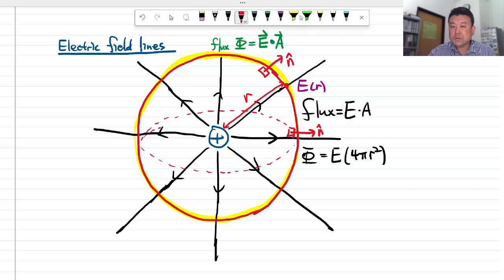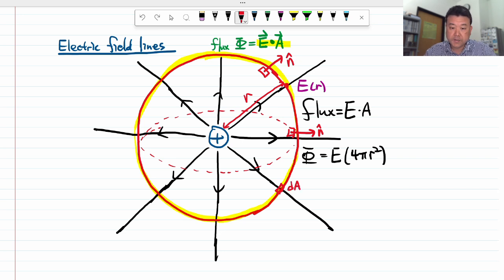So instead of writing down the electric field dot product with the surface area for the whole sphere, what we can do instead is write it down for a representative surface element of infinitesimal size, dA.